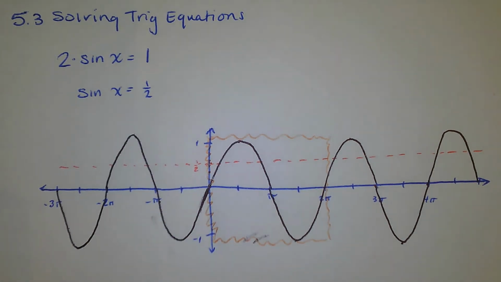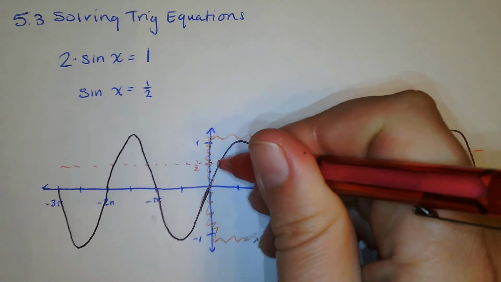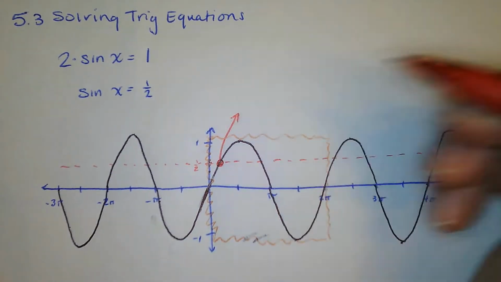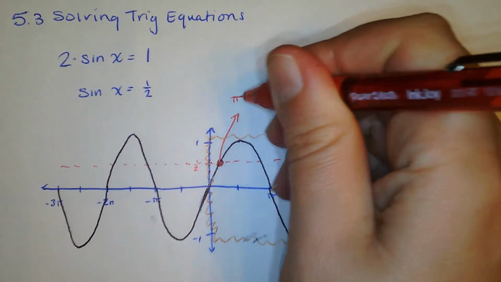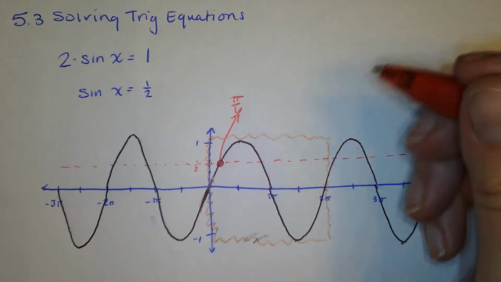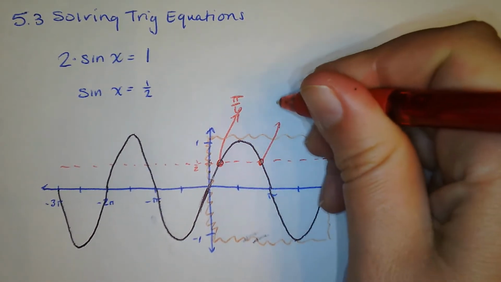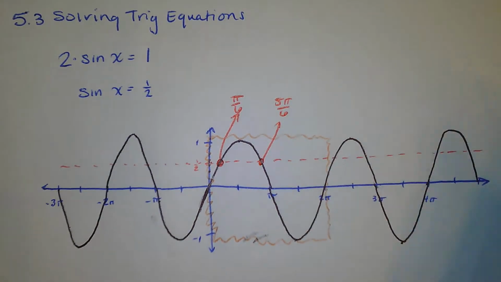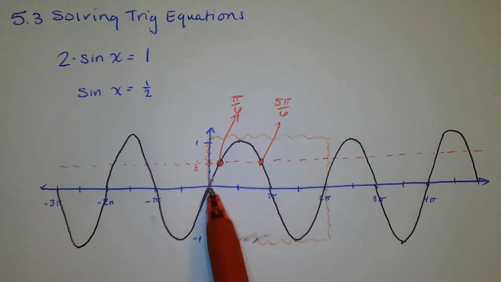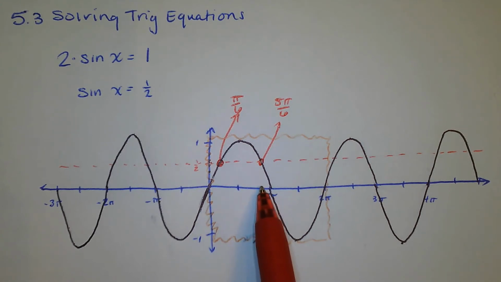Well, let's see, back to red. This solution is pi over 6, and this solution is 5 pi over 6. Let me give you a hint. If this is pi, this is 1/6 this way, this is 1/6 that way.